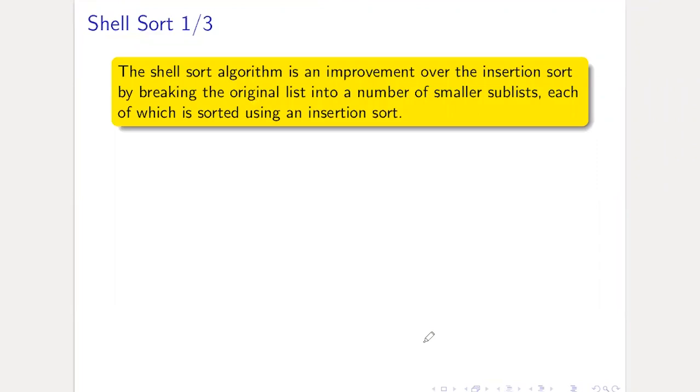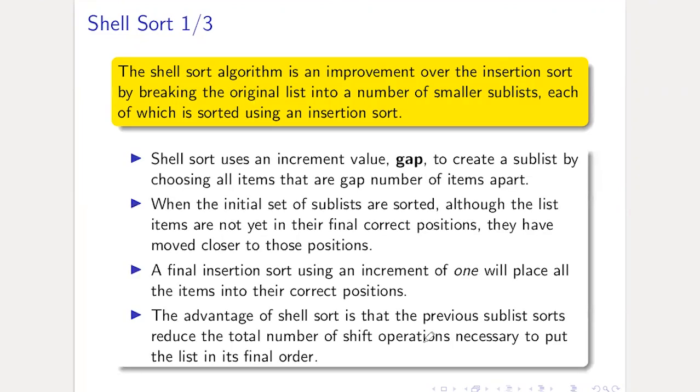In shell sort, we do the same thing, but we take the original list and break it into a number of smaller sublists, and each sublist gets sorted using the insertion sort. So rather than using only a single list for sorting, there will be a value called the gap to create the sublists.